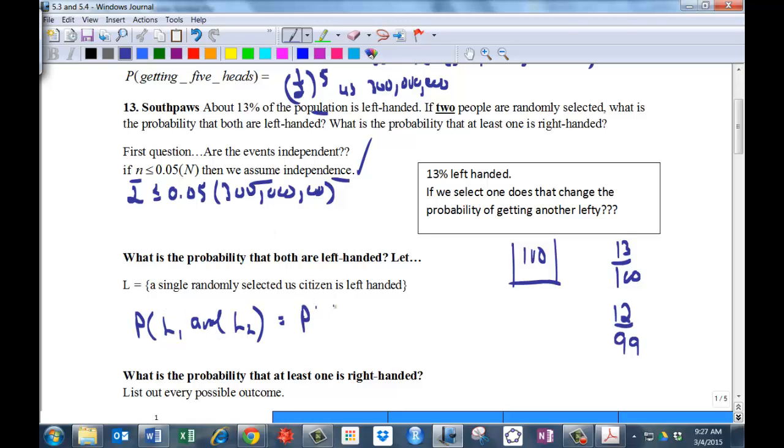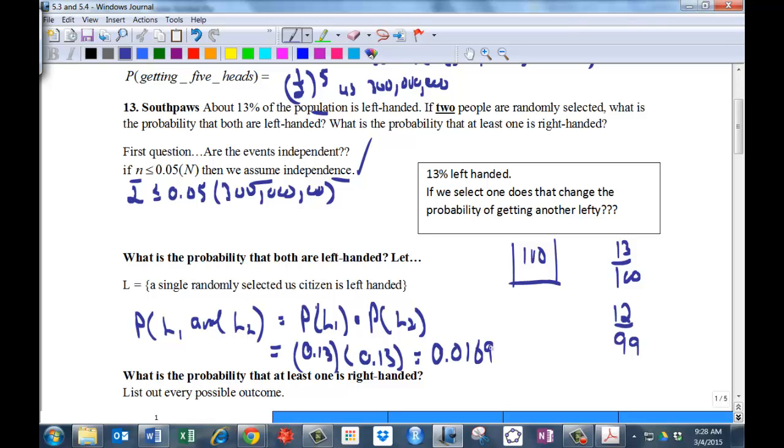Probability of L1 times probability of L2. Okay, and so this one is 0.13 times 0.13, and we get 0.0169.